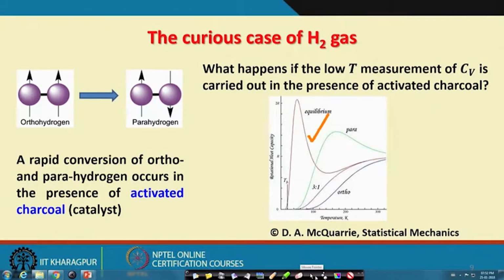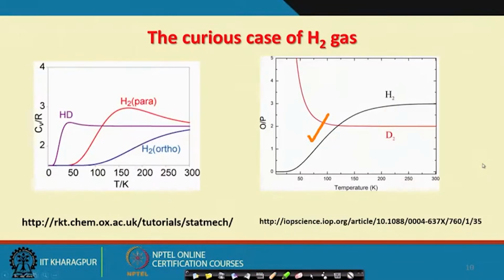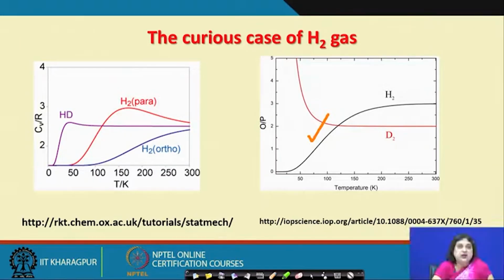And I would also like to highlight over here that this kind of behavior also extends to the cases of specific heat measured at low temperatures for not only hydrogen molecule, but also for HD gas or hydrogen and H2 and D2 gas.